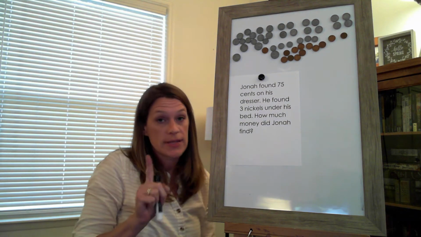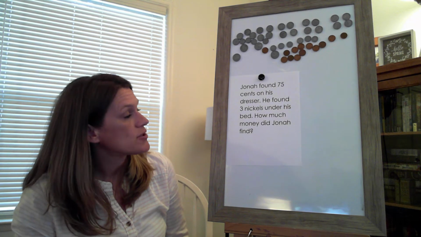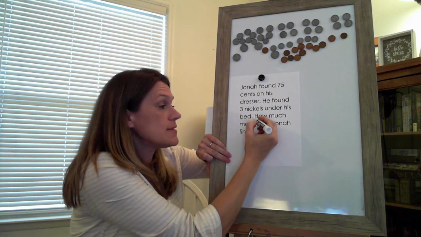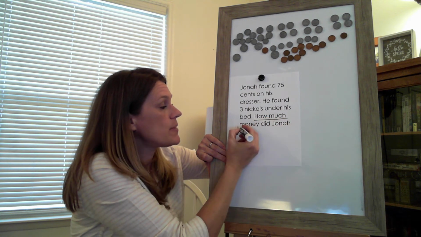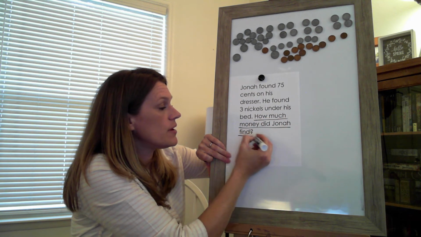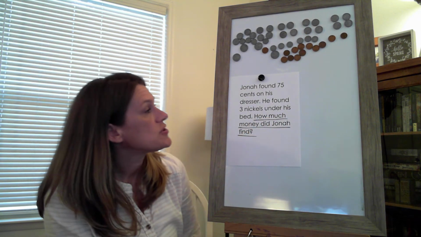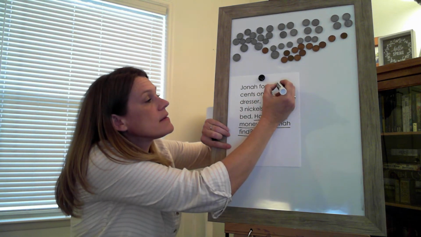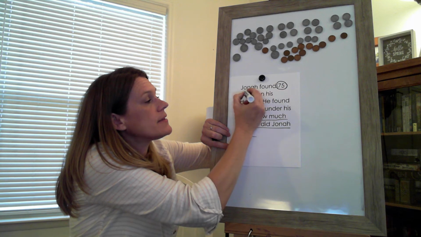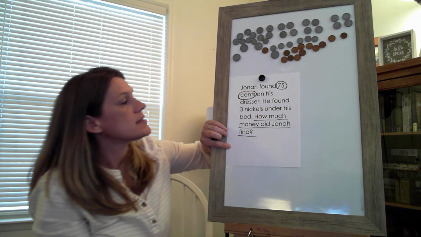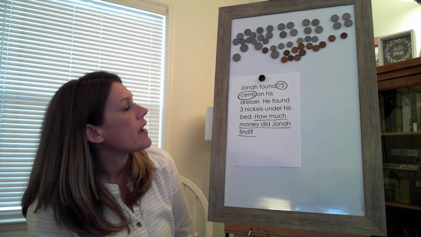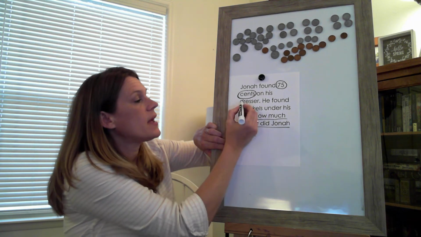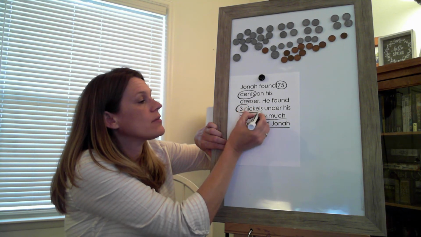All right, so first thing, what is the question? Well, I have a question mark right here that lets me know this is the question. How much money did Jonah find? So what information did they give us? Well, the first thing, 75 cents. That's the first bit of money that he found. He also, under his bed, he found 3 nickels.